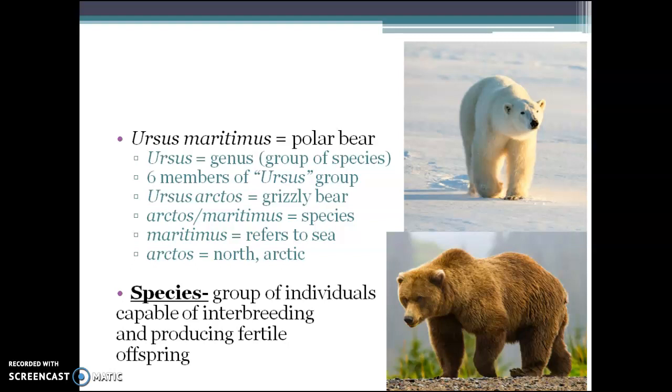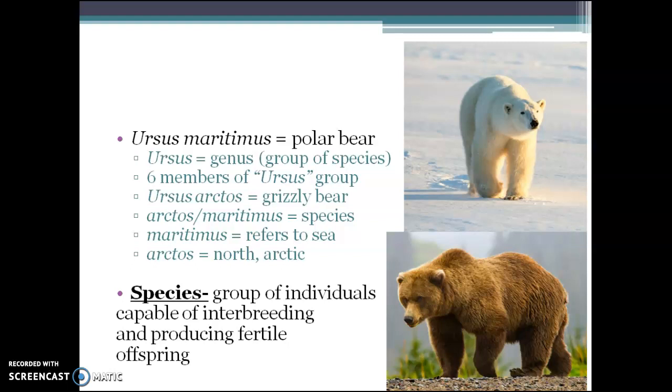Okay, and marine, if you think of the word marine biology, something like that, it refers to the sea. And so that describes the fact that the polar bear is actually considered not a land bear, but because it spends so much time hunting and swimming in the seas, sometimes it's referred to as an aquatic mammal.